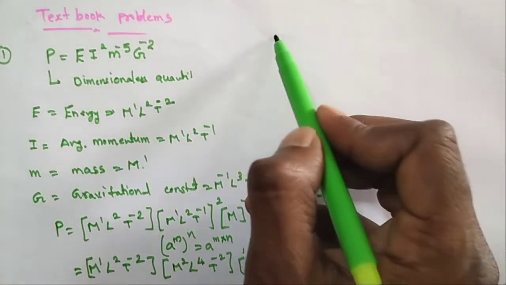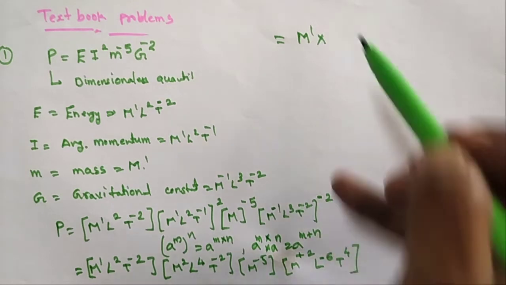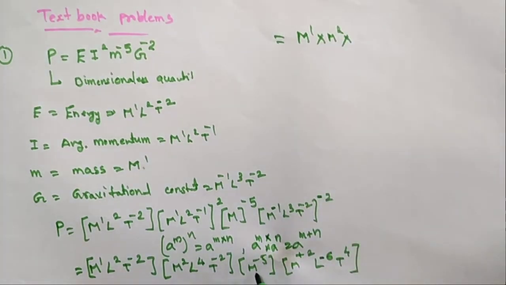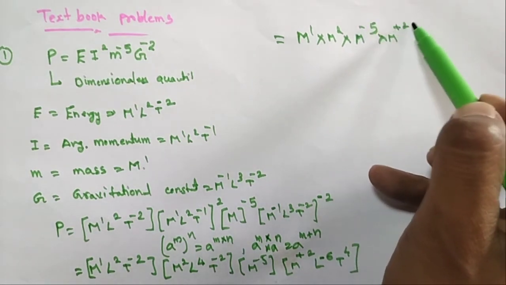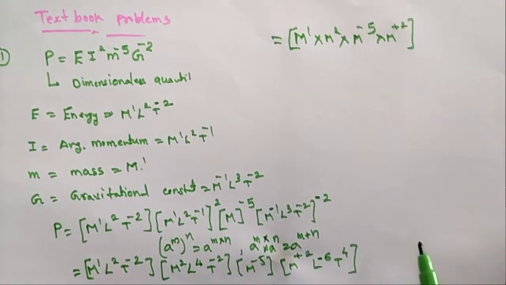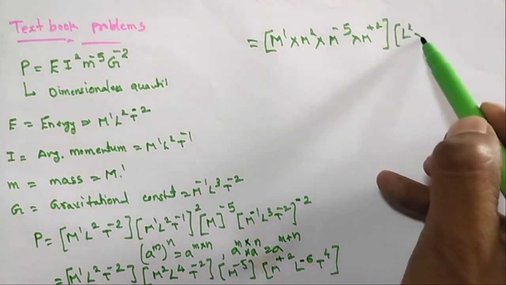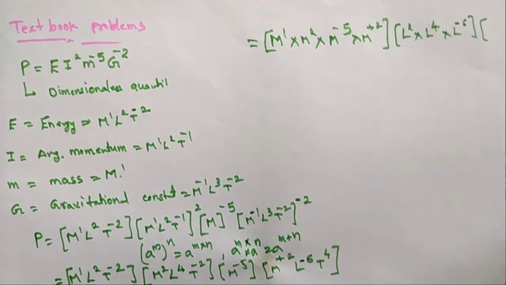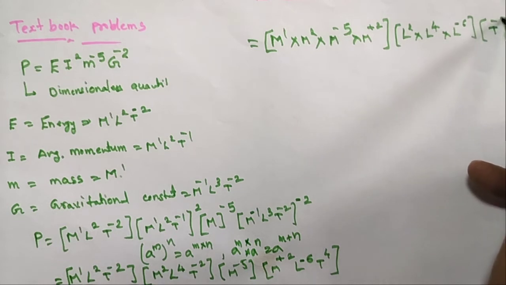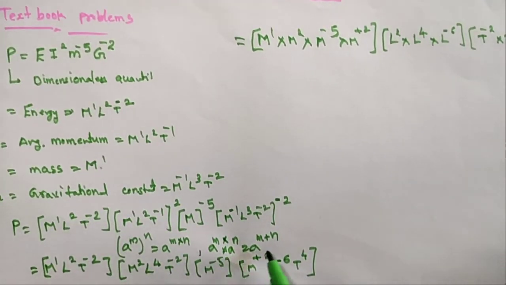Here I will write in this equation M power 1, first one M power 1, second one M square, third one M power minus 5, and fourth one M power plus 2. I write only the M values, and next I will write the L values: L square into L power 4 into L power minus 6. Next the remaining T's: T power minus 2, T power minus 2, T power 4. We know the formula a power m into a power n is a power m plus n.